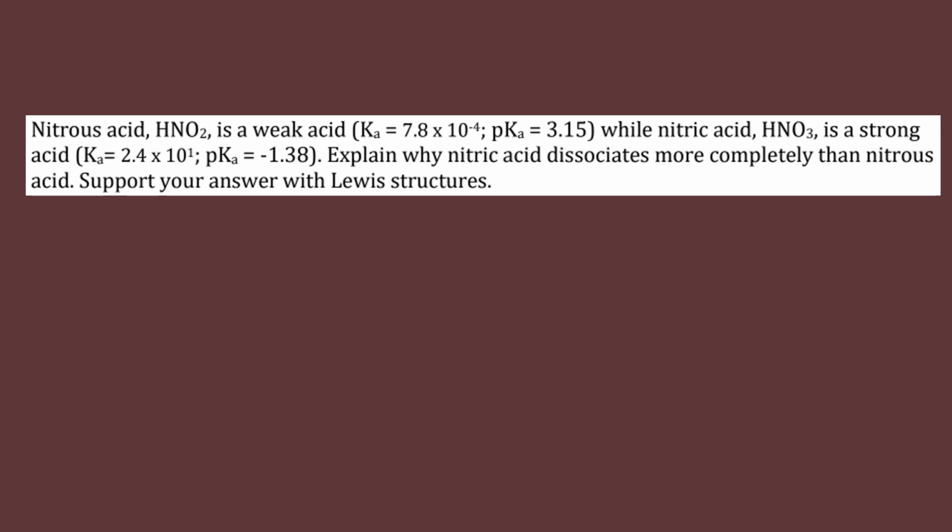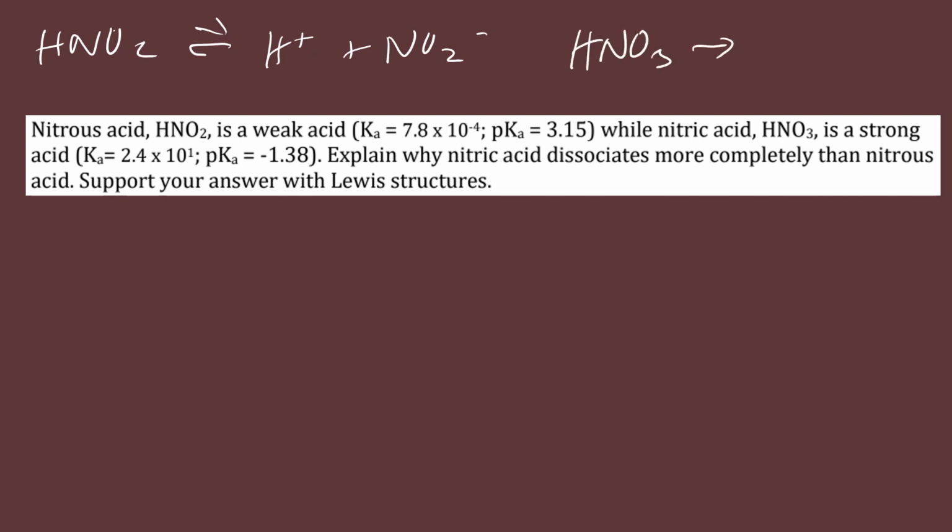A smaller Ka value means that HNO2 prefers to stay as an acid as opposed to dissociating, while nitric acid, HNO3, has a Ka greater than 1, so it prefers to stay in its products. Why is that? We have to explain using Lewis dot structures.